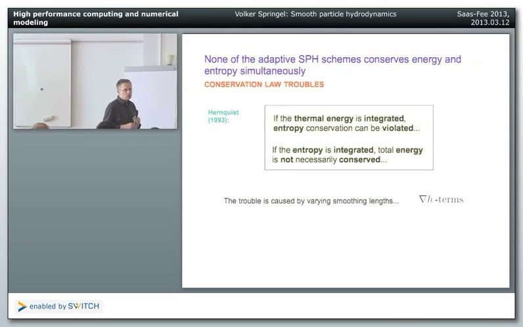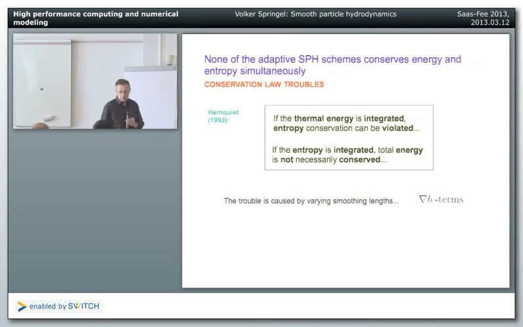The origin of these problems lies in the variable smoothing lengths, because those are adjusted in a more or less uncontrolled way, and strictly speaking there are also so-called grad-h terms that should enter the equation of motion.